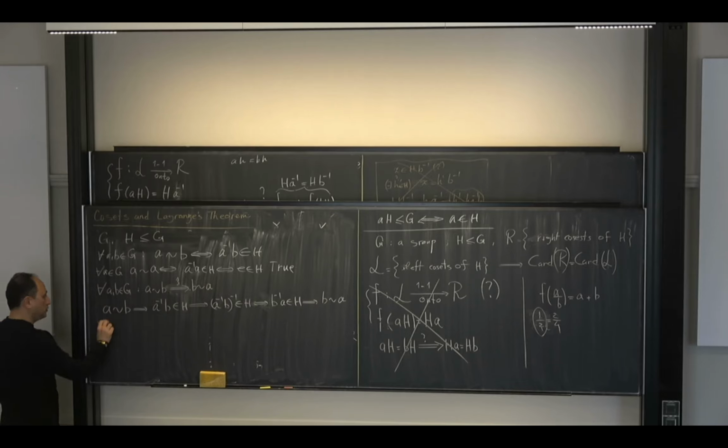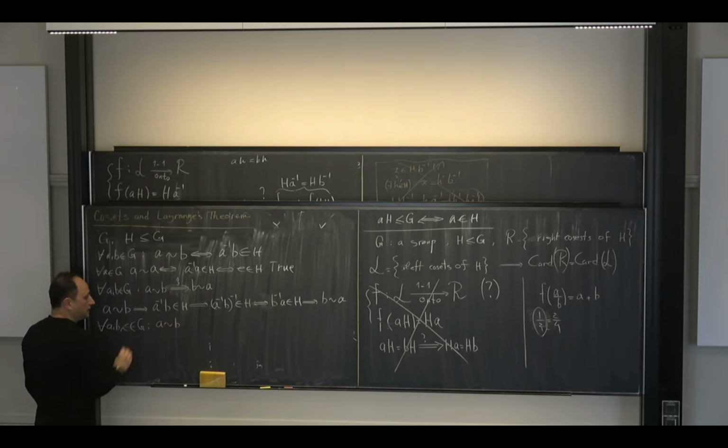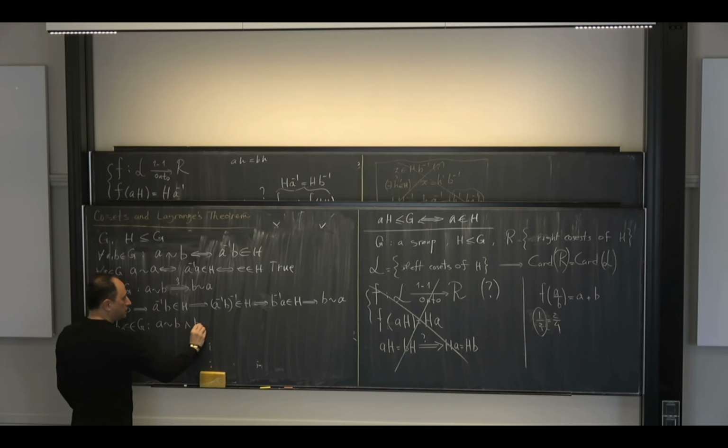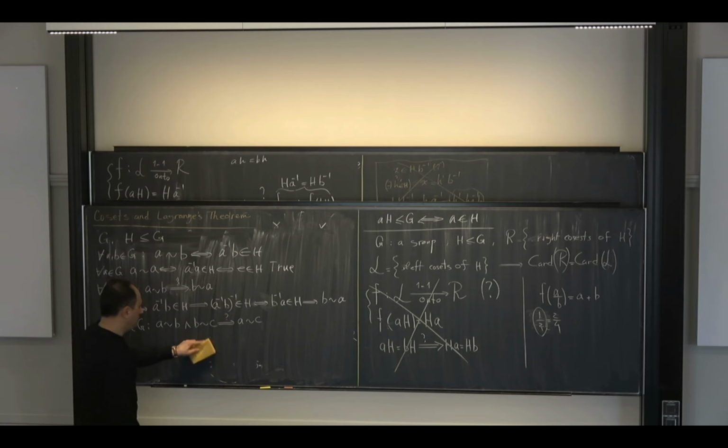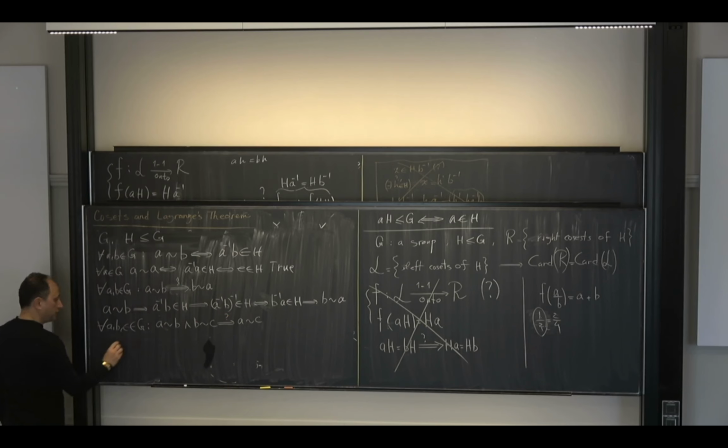And finally, for all A, B, and C in G, if A is related to B and B is related to C, we want to show that A is related to C. So how can I prove this one? I start from here. This means A inverse B is in H. This means what?